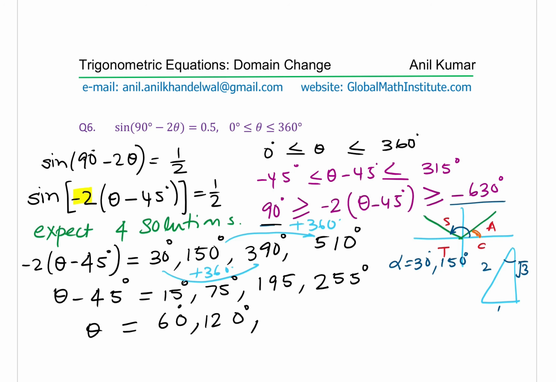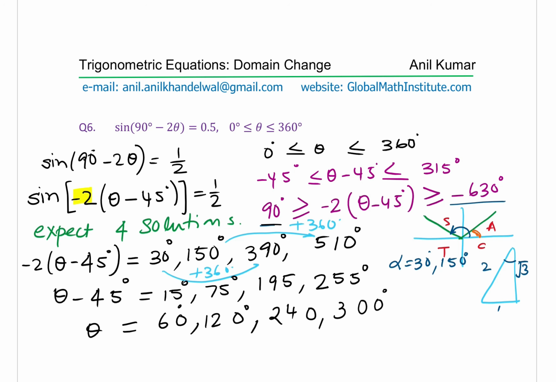Then adding 45, 240 degrees. And again adding 45, we get 300 degrees. So those are the answers for us, correct?